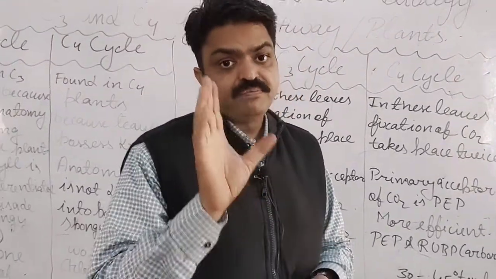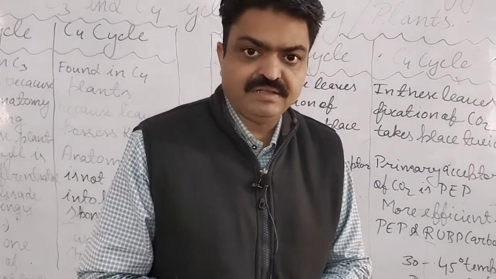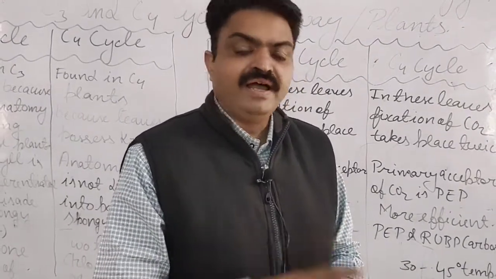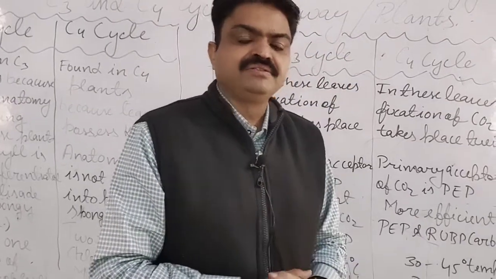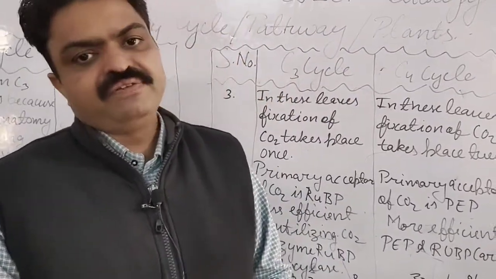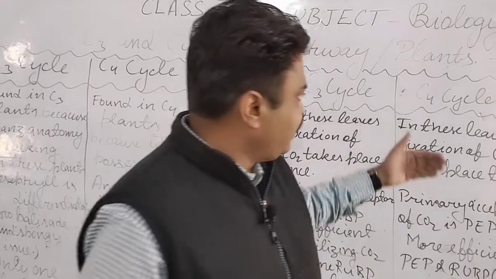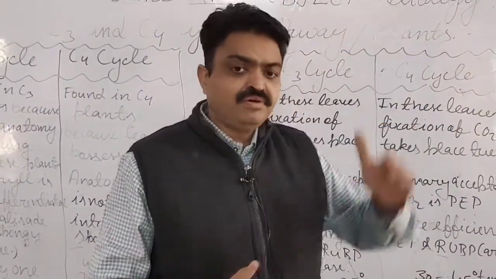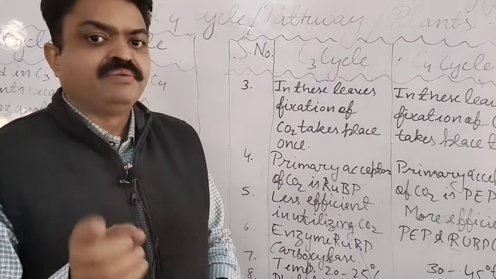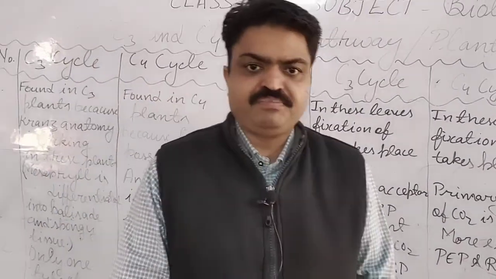But the C4 plant examples are sugarcane and maize, because they have the C4 cycle and pathway. So you should learn it. It is the most important topic of this chapter.